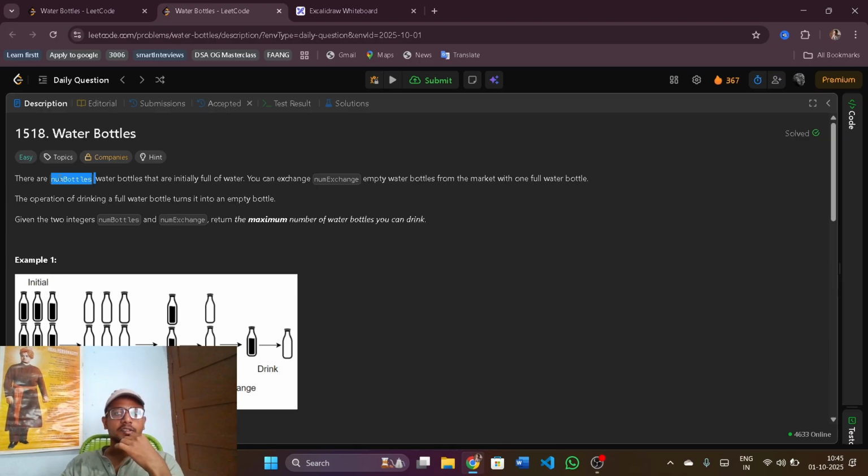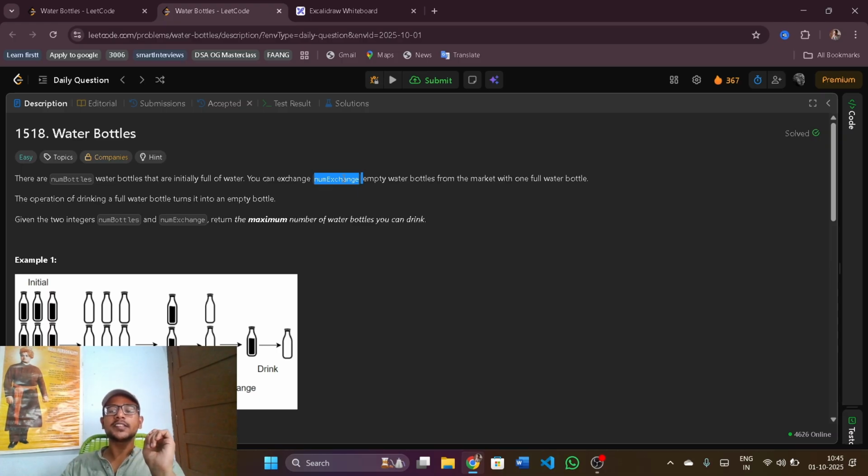Given num bottles that are initially full of water, you can exchange empty water bottles from the market for one full water bottle. That means, let us say num exchange is 4. By giving 4 empty water bottles, you can get one full water bottle.